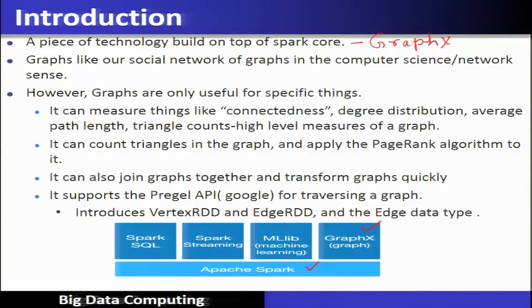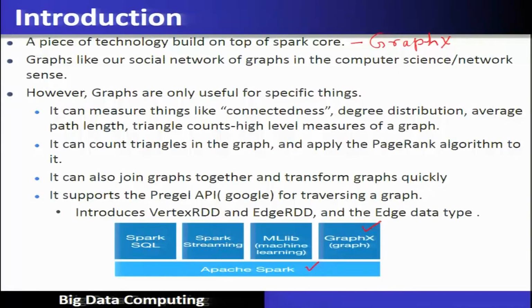For example, it can measure things like connectedness within a particular domain, the degree distribution, average path length, triangle counts, high level measures of a graph in the social network graphs.